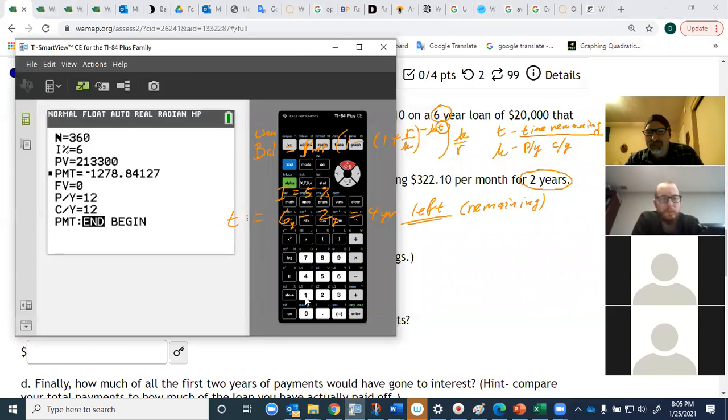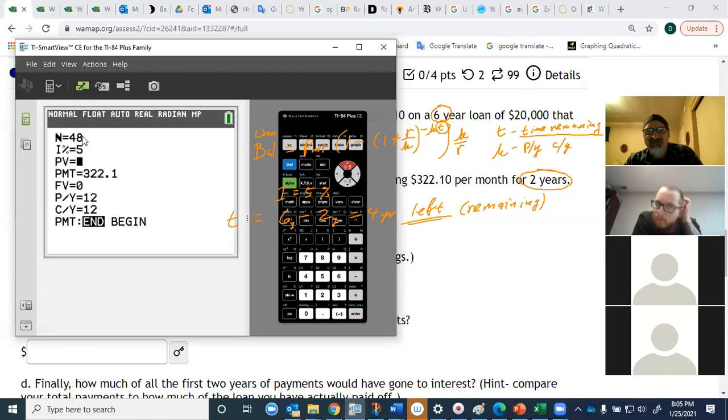These are monthly payments, so it's 12 times, and we said there's 4 years remaining. The interest rate was 5%. The present value is unknown. I'm going to put a bunch of zeros there. Okay, that's unknown. The payments we said were 322.10, right? And the future value we do hope to be 0, right?